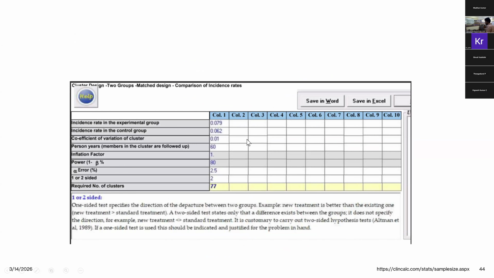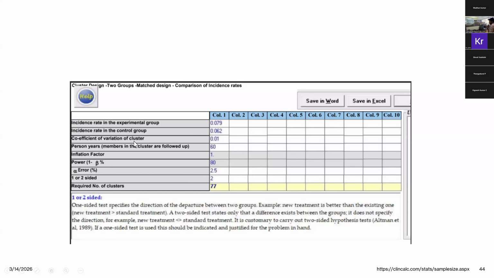So when we try to use these parameters in our own sample size calculation, we enter these values into a software, giving the incidence rates in the experimental group and control group. They had assumed a coefficient of variation of cluster of 0.01, which is the factor we have to give because we expect all participants within a cluster to have similar characteristics, and to correct for the same.